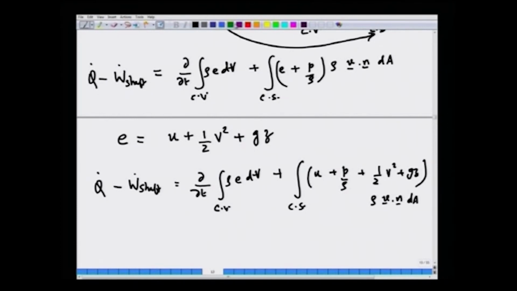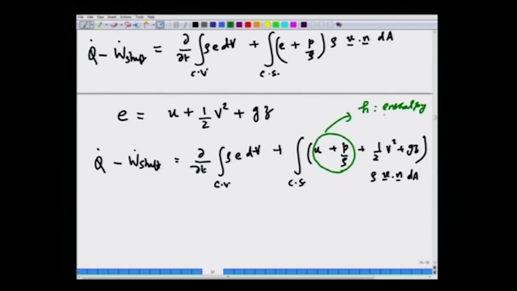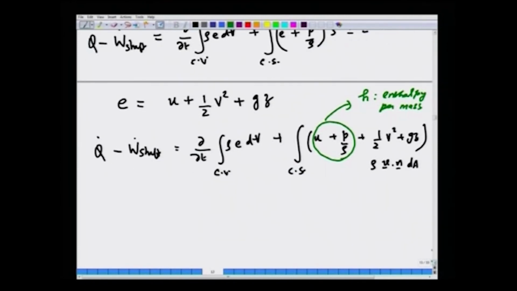Now, in thermodynamics, U plus P by rho is called the specific enthalpy, enthalpy per unit mass of the fluid. But that is in thermodynamics. In fluid mechanics, we normally do not do this for a specific reason, which I will come to in a minute.